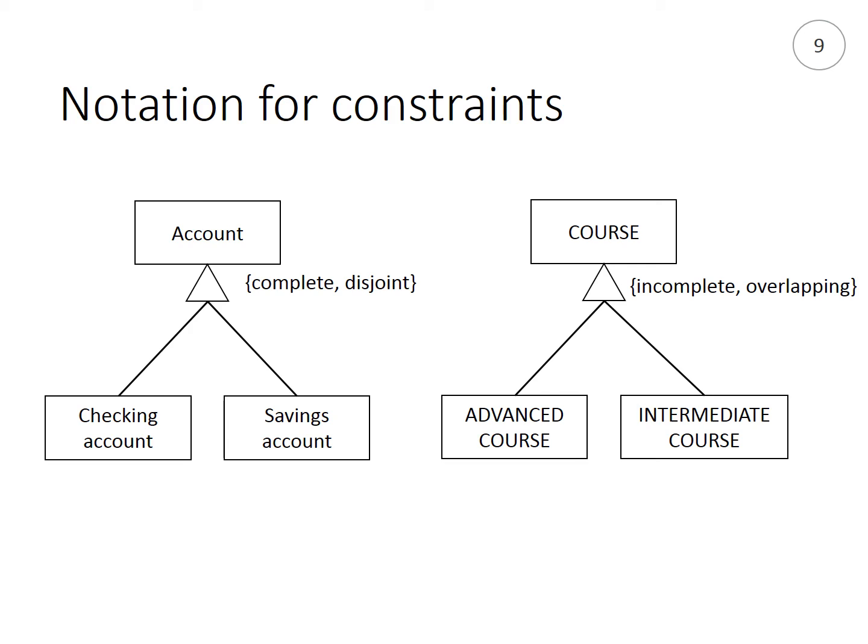On the other hand, for courses, we see that the specialization is incomplete and overlapping. So it means that some courses are advanced courses, some courses are intermediate courses, but we also have courses that are neither of both because the specialization is incomplete. And we can also have a course that is both advanced and intermediate because the subtypes are overlapping.